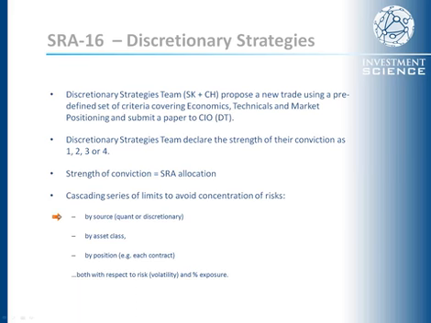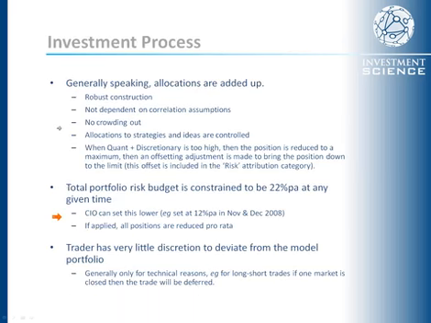This is what I call a cascading series of limits to avoid concentrations of risk. I'd mentioned this before with regards to one example, the gold example, which was a limit with respect to each contract. So that was the total position in gold is limited to 50%. The total position by asset class is also limited.